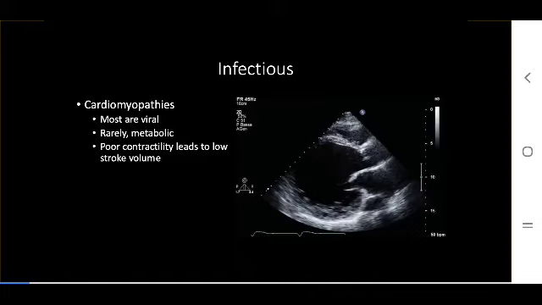Here the heart muscle is directly affected, and so we get poor contractility. With poor contractility, we have decreased stroke volume, and usually the heart will increase its heart rate to compensate for a lower stroke volume, but it cannot increase it enough, and so these children will often present to us very, very sick.